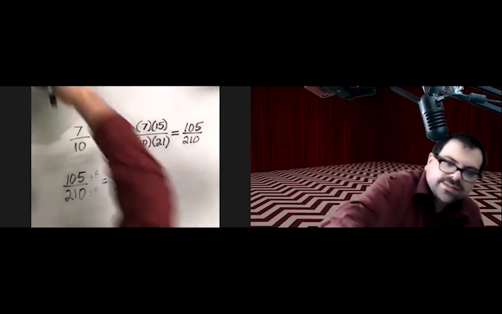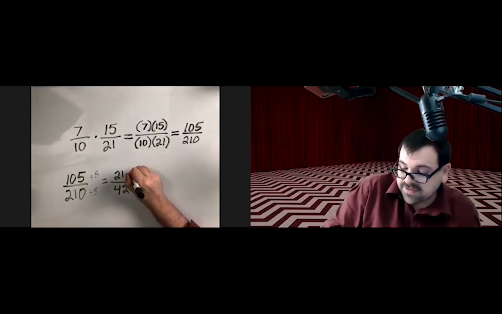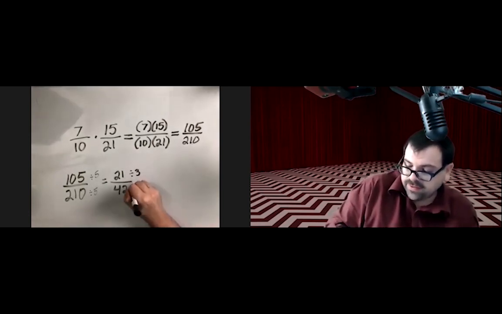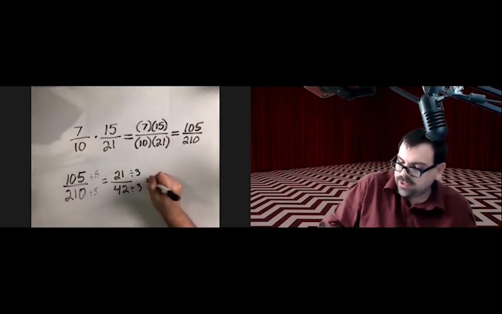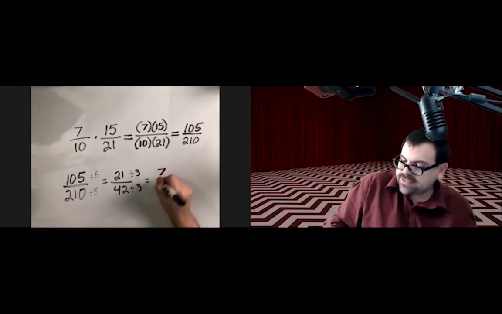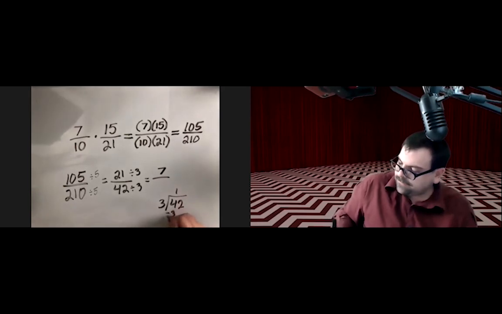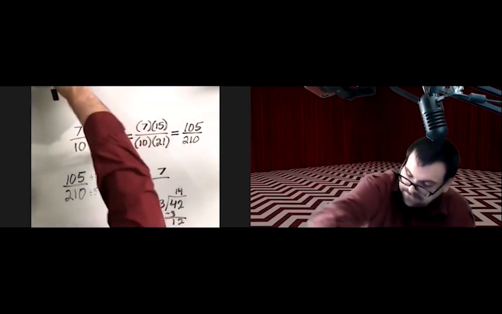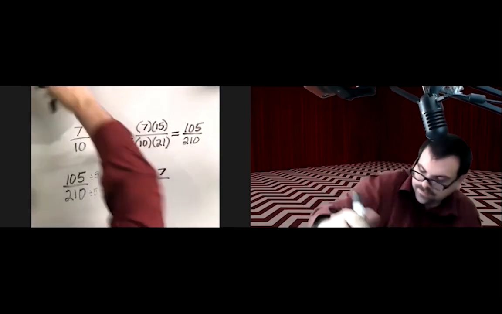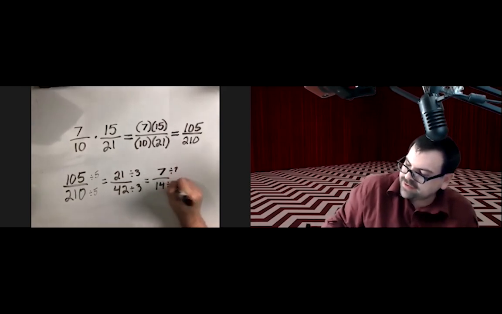But just in case you can't, that's fine. Let's say maybe divide top and bottom by 3. There are other numbers that'll work, that'll get us farther along. 21 divided by 3 is 7. 42 divided by 3 is 14. And here I can divide top and bottom by 7.